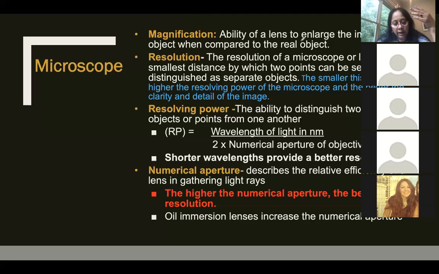Whatever the actual size of the object, the image you see is 1,000 times larger than the object. That's our regular lab microscope. So that's one quality, how enlarged an image the microscope can make, and that's the magnification.